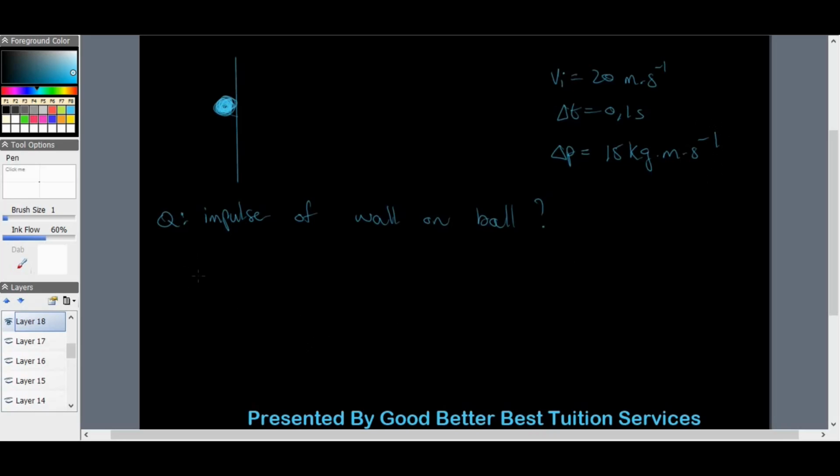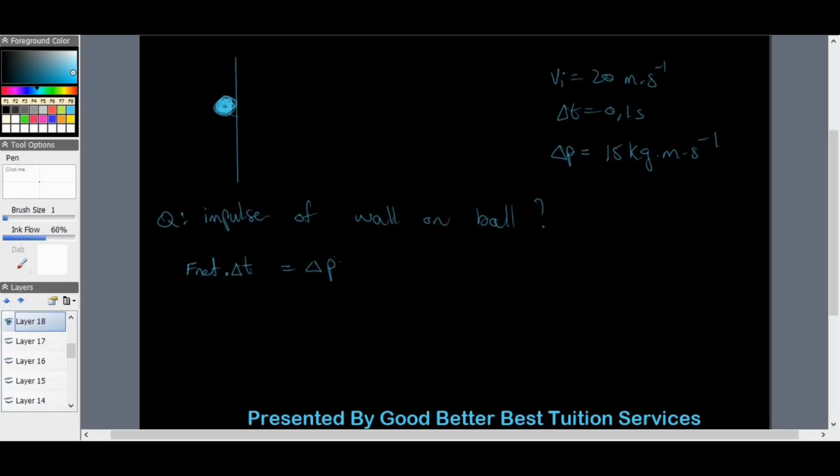We know that impulse is equal to F net times delta t, which is also equal to my change in momentum. So impulse equals change in momentum. That's the impulse formula, F net times delta t. The impulse momentum theorem is that my impulse equals my change in momentum.